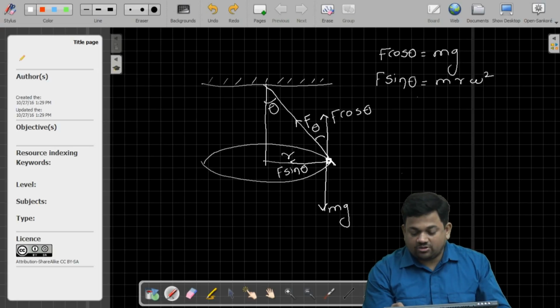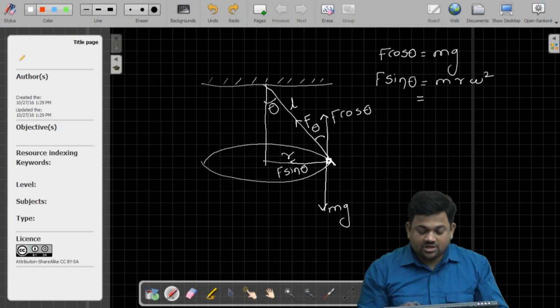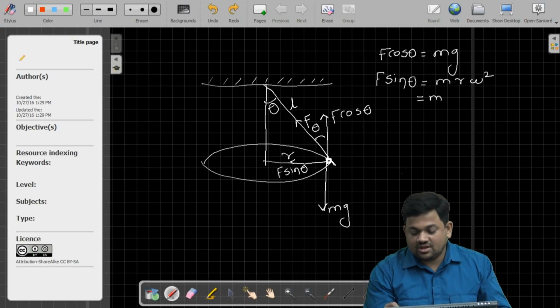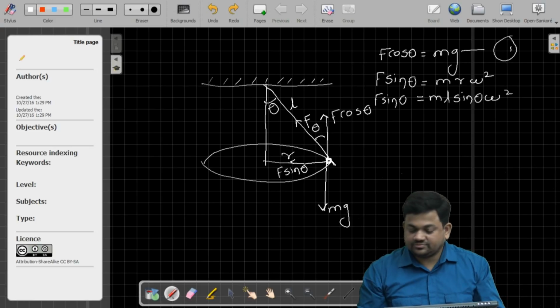Now if I talk about the radius of the circular path, if L is the length of the pendulum, then r is equal to L sin theta, and m r omega square, which is equal to F sin theta. I call this expression number 1.